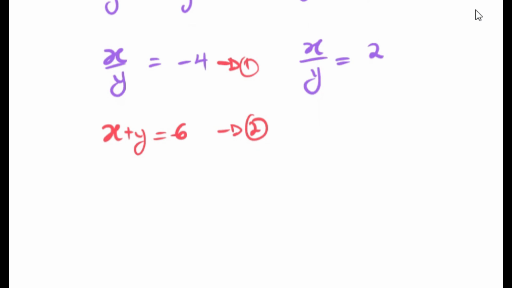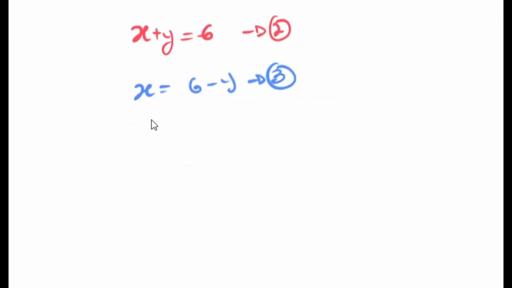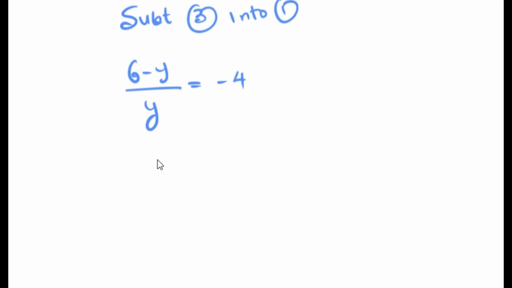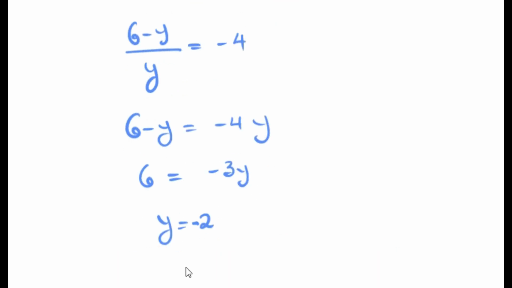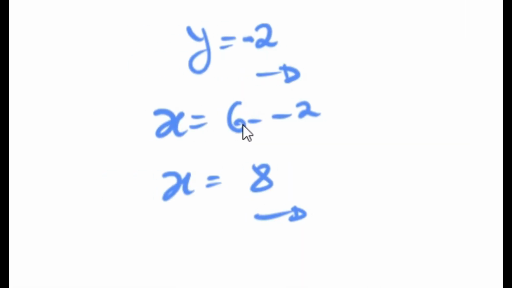So simplifying this, using simultaneous equations, you will get. So we have the first answer as y is equal to -2 and x is equal to 8.